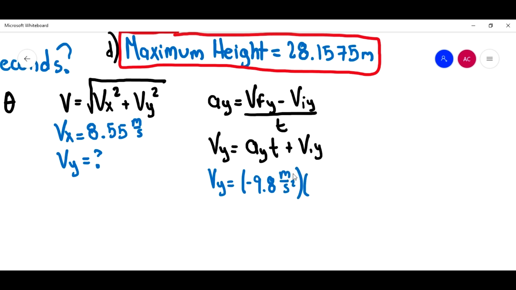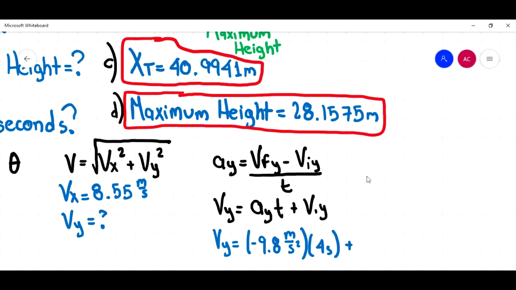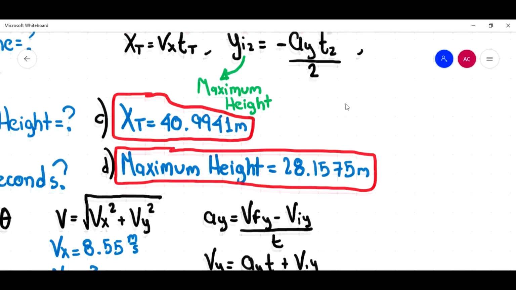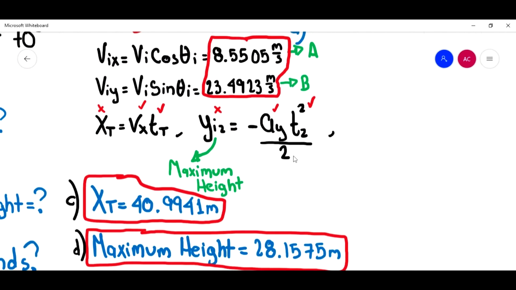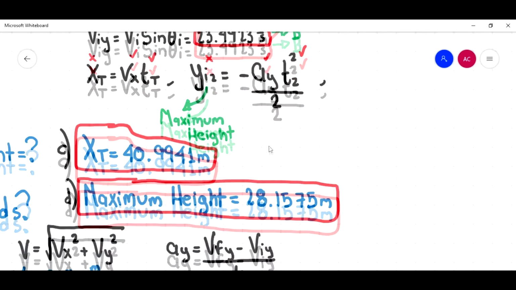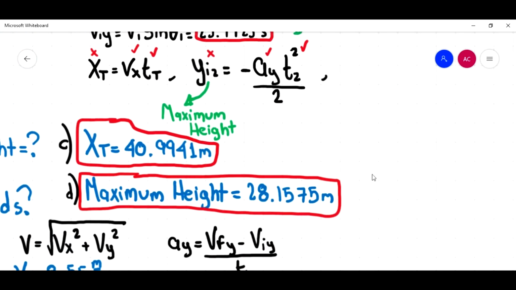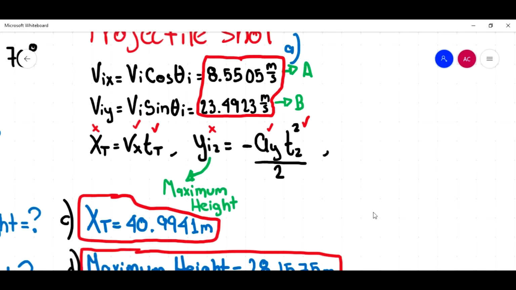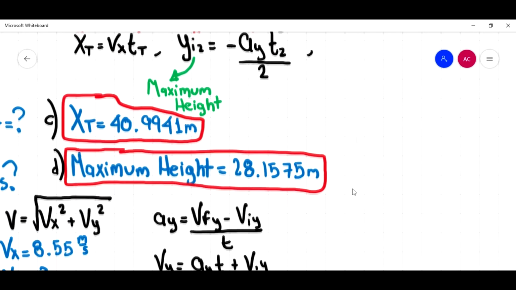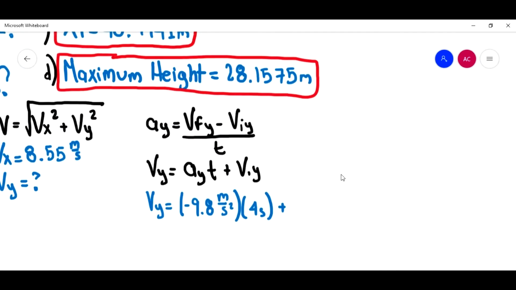Time, how much time? 4 seconds. Plus the initial velocity in y, and I just got that one. That is this one, 23.49 meters per second.